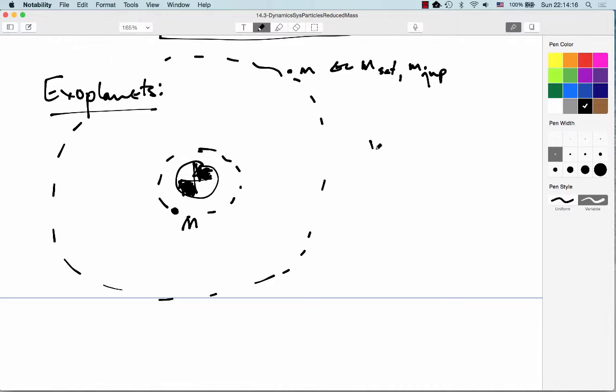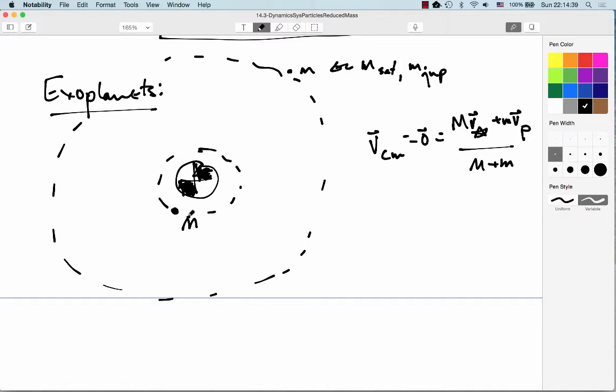So from this, we can say V center of mass is 0. That's equal to M times V of my star plus little m times V of my planet, over M plus m. So we can sort of deduce the velocity of the star.